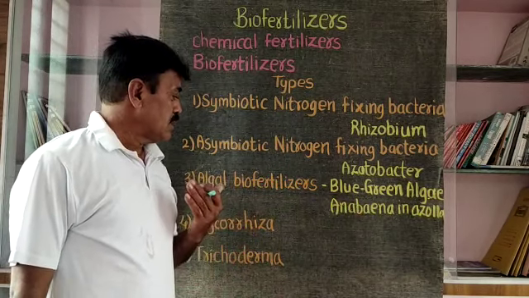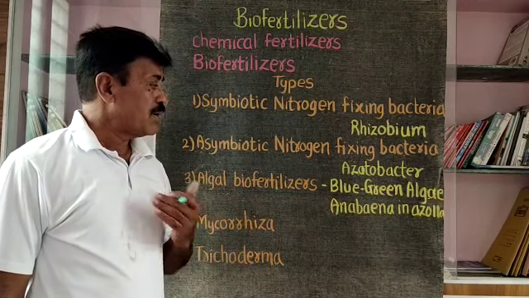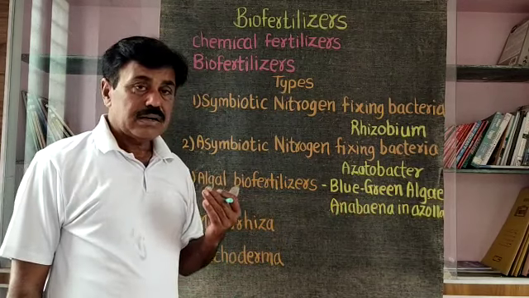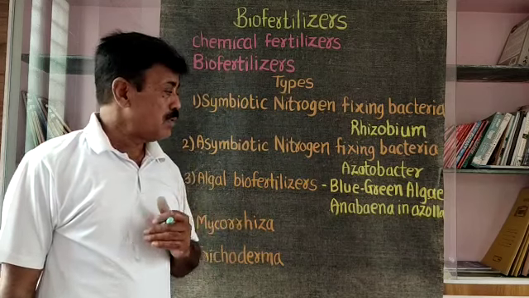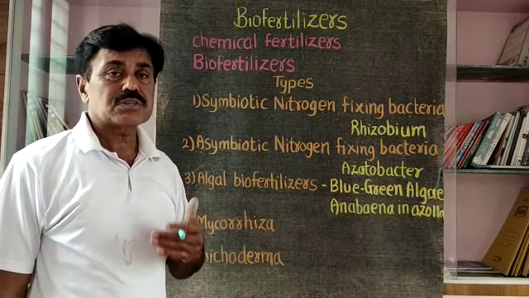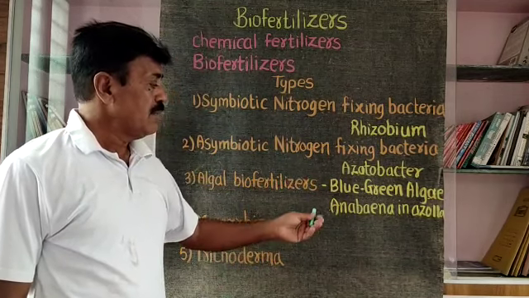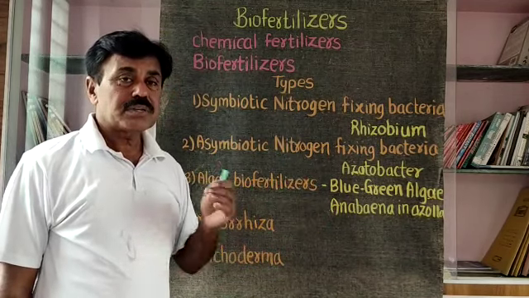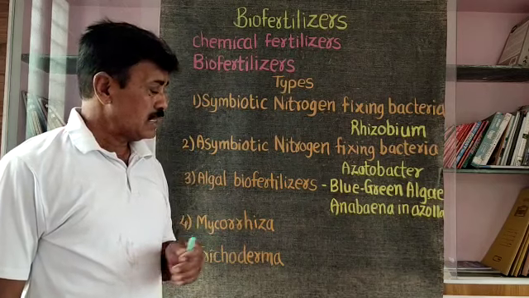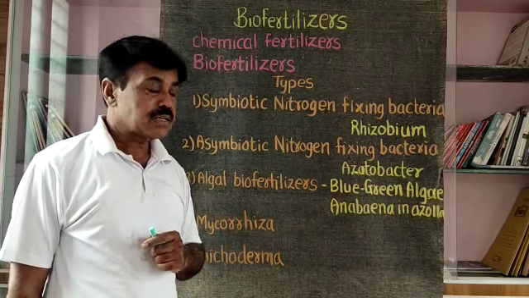That means in case of blue-green algae, all blue-green algae with the help of heterocyst convert the nitrogen into nitrate forms, and hence it is used as a biofertilizer. Anabena, which is present in the azolla plant, is also responsible for converting the nitrogen.